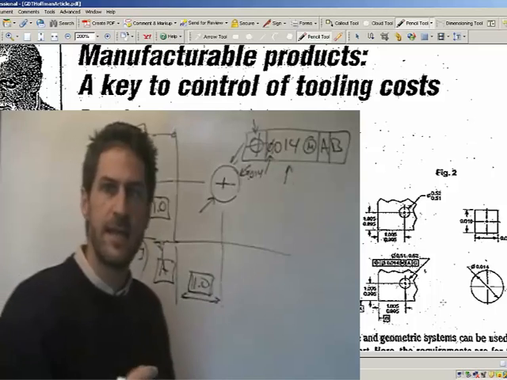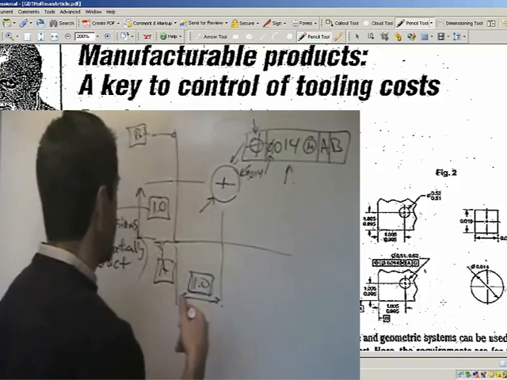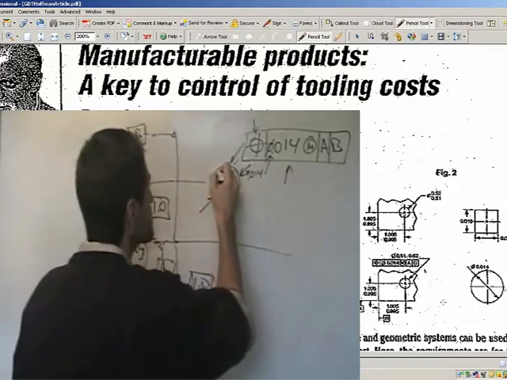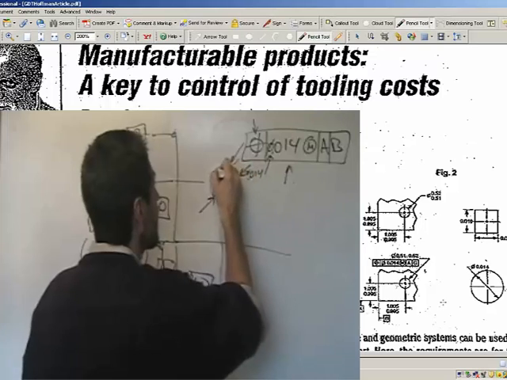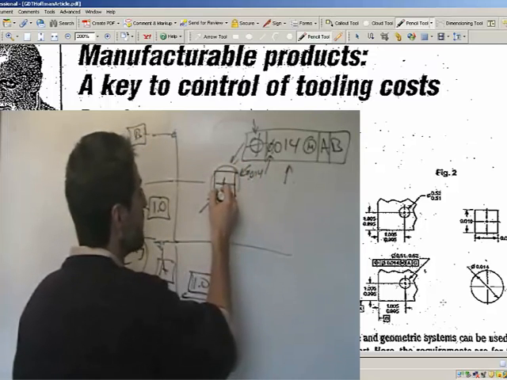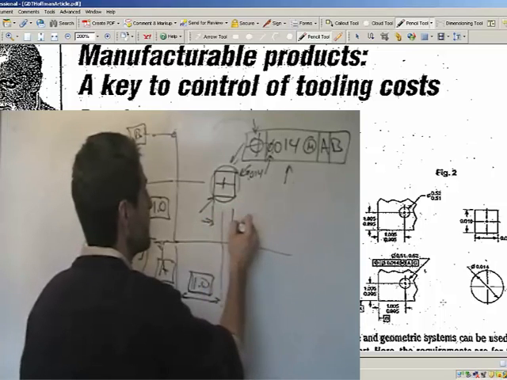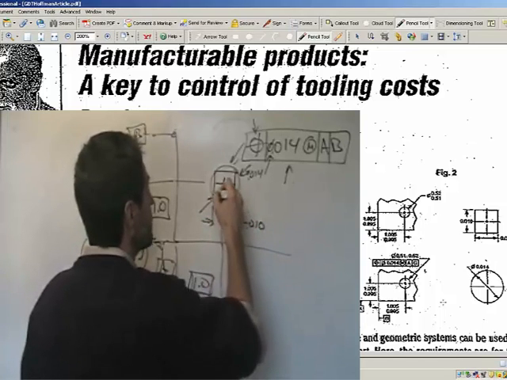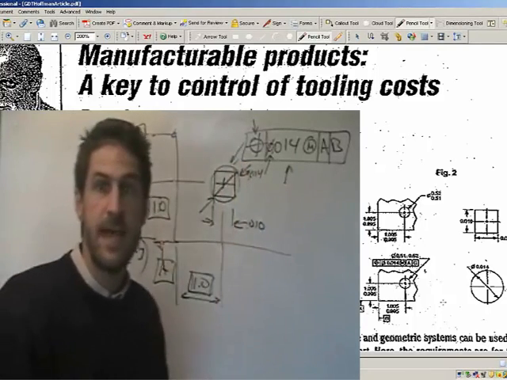Now that makes more sense, a circular tolerance zone. If we looked at the other way to dimension this, it gave us basically a square tolerance zone with sides that were 5 and 5, or basically 10, right? And it would also be 14 on the diagonal. So on the diagonal, it's the same.